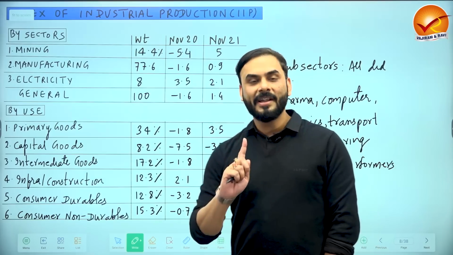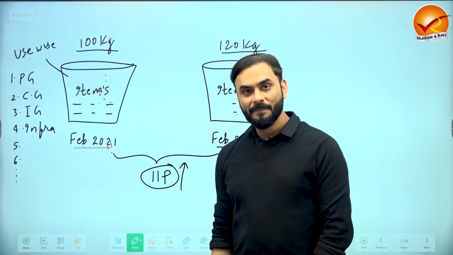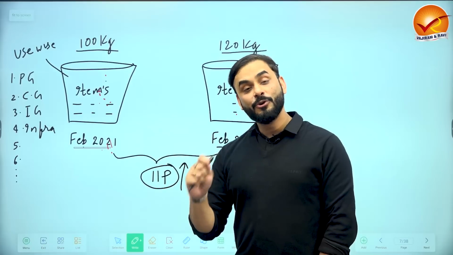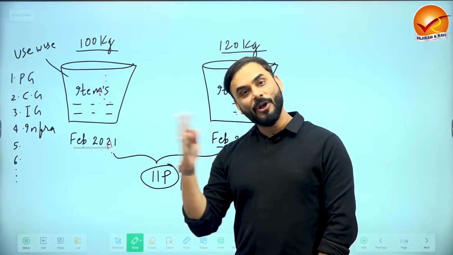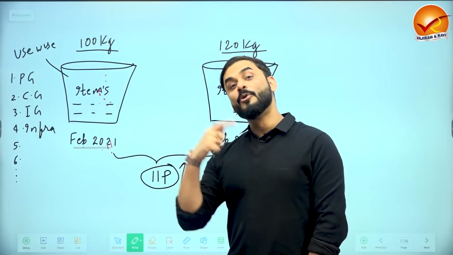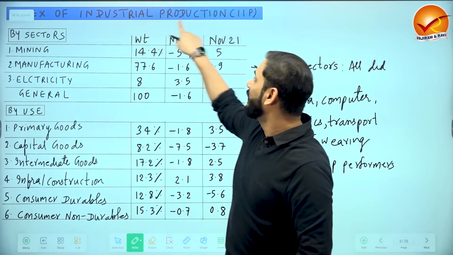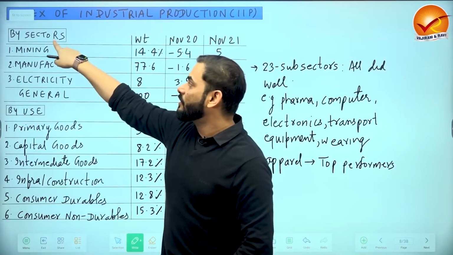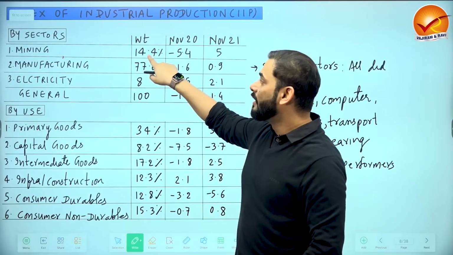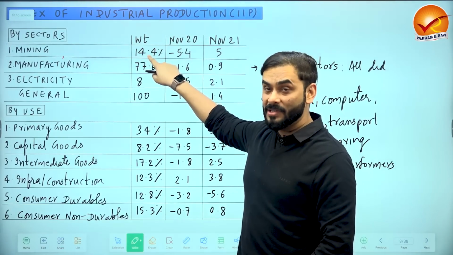Now when you created that basket, guys, do you remember you created this basket, right? In this basket, when you put something, do you give equal importance to all the goods? No. If you consume something more, you give more importance to it. So when you create index of industrial production based on sectors of the economy, what is the importance that you give to mining? What is the weight of mining products? 14.4% in that basket of IIP.